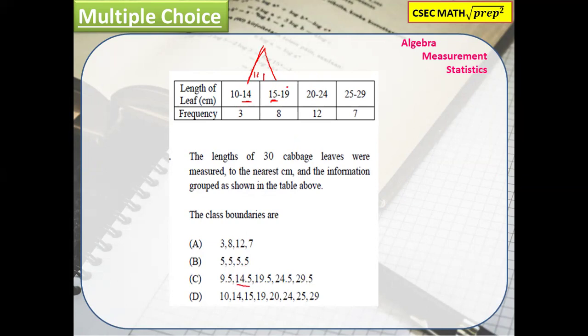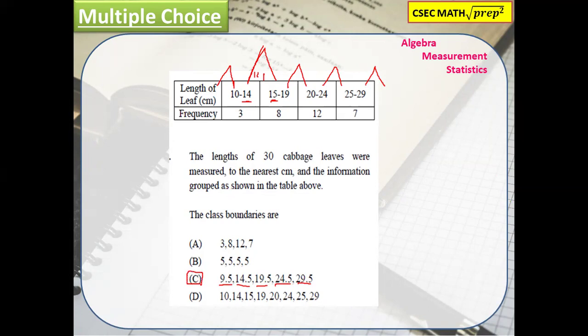14.5 between these two, we would have 19.5. Between these two, we have 24.5. And then between 29 and the other class that would have been, it will be 29.5. And between 10 here, the lower class limit, and the class that would be here, it would be 9.5.